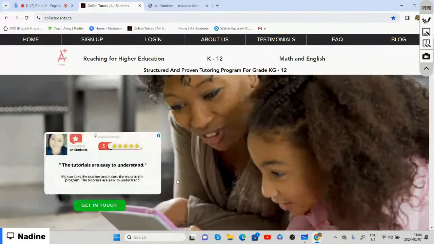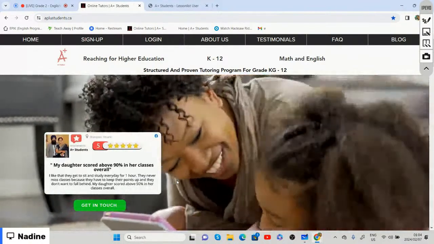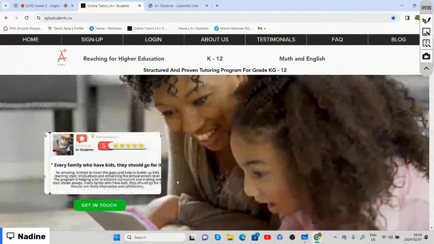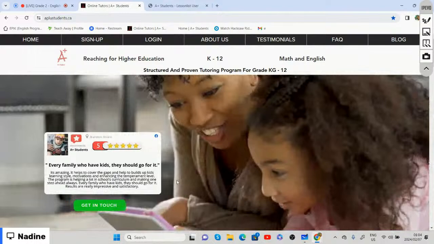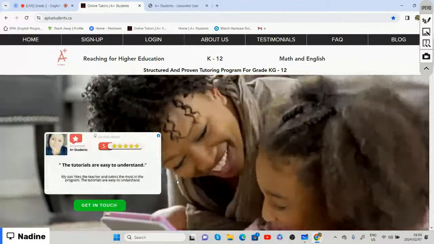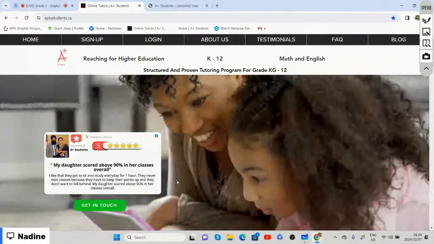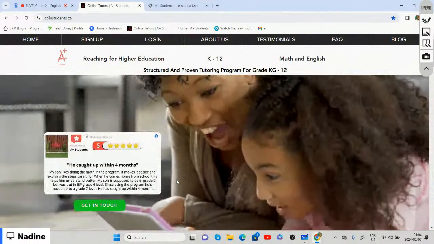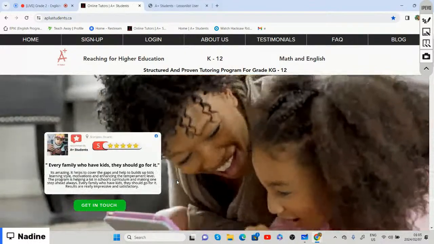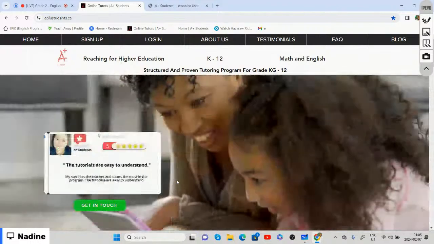Once you've logged on to aplusstudents.ca with our username as well as our password, we're going to select the subject of language arts, and then grade 2.